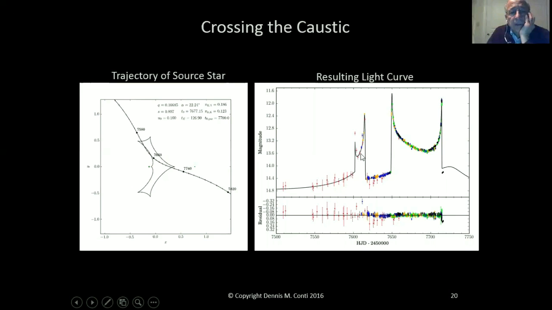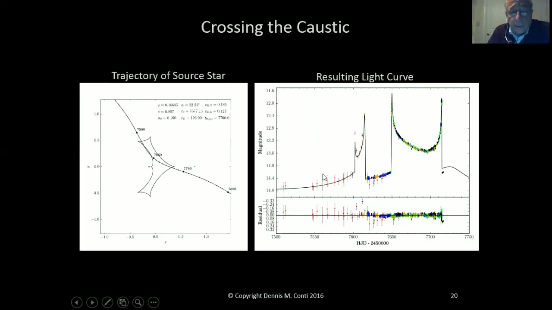And as I said, you see it crossed the caustic, came into it, crossed it again, went out of the caustic, crossed it again, stayed in the caustic, and then all of a sudden completely exited the caustic and started declining back to its normal magnitude as it exited the Einstein ring.